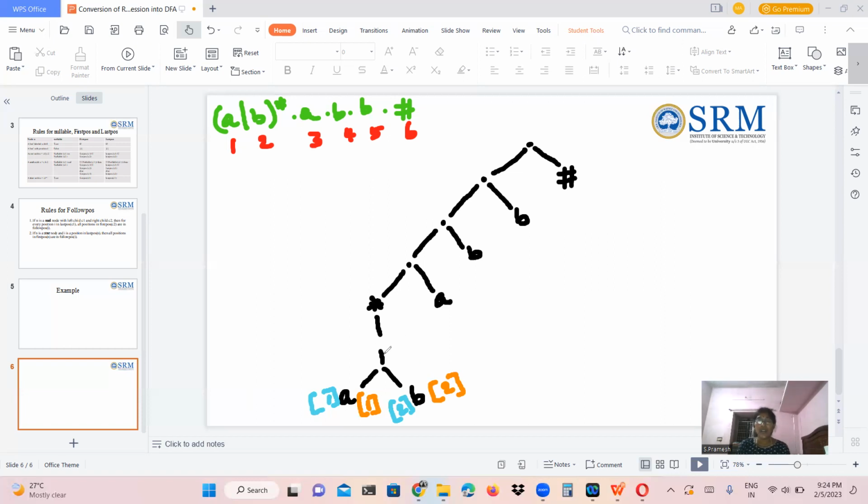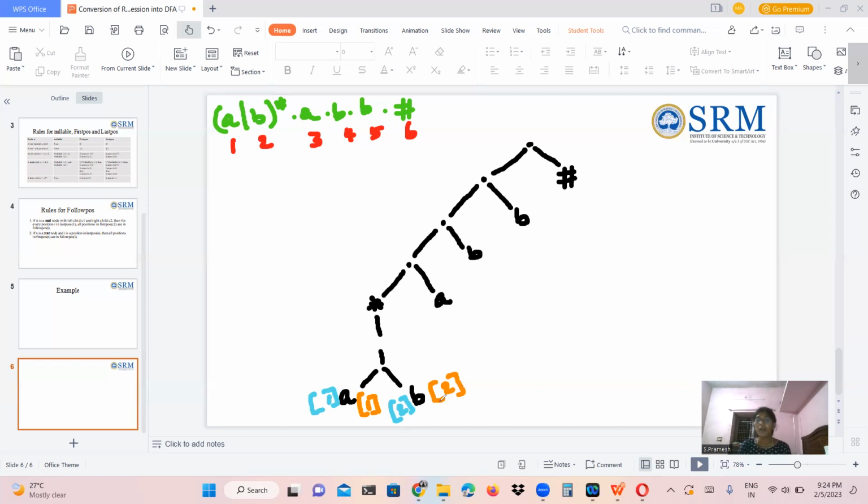And then next we have this OR symbol, right? If you are having OR symbol, what I have to check is very simple. The first position of this OR symbol is the union of the first position of left child and first position of right child. There is no nullable checking for OR symbol alone. Very simple. You have to union the first position of left child and the first position of right child. First position of left child is 1.